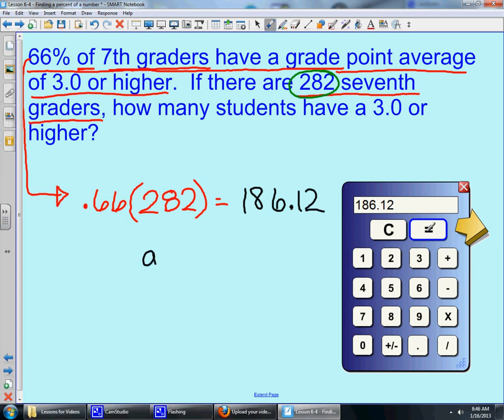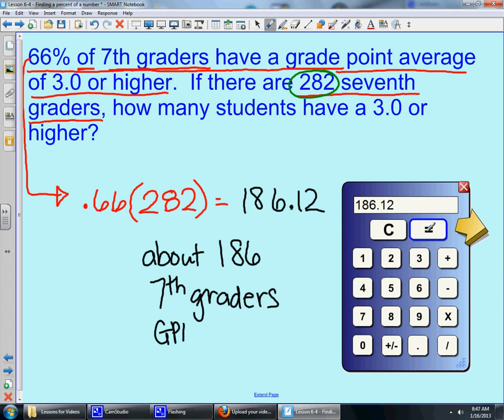So there are about 186 7th graders whose GPA is greater than 3.0.